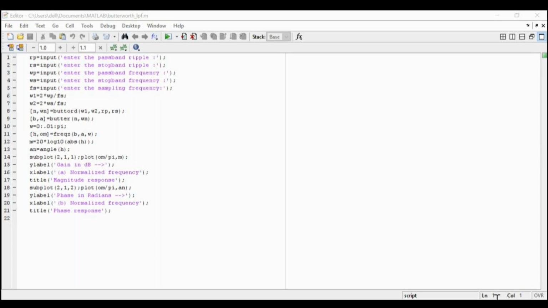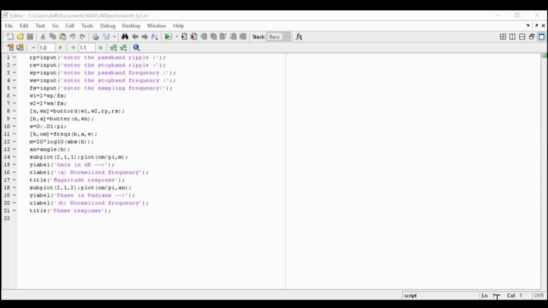Then subplot of 212, plot of OM slash pi comma AM, a y label of phase, and the title of phase response. Like this, you will be plotting the magnitude response and phase response of this Butterworth low pass filter.